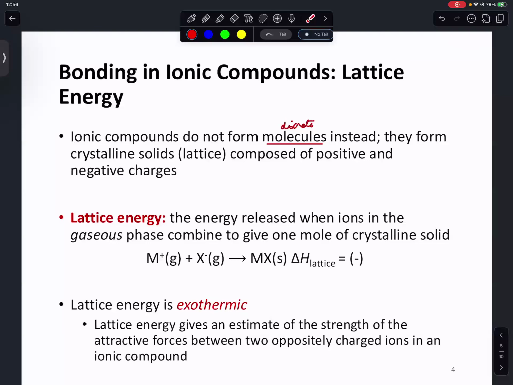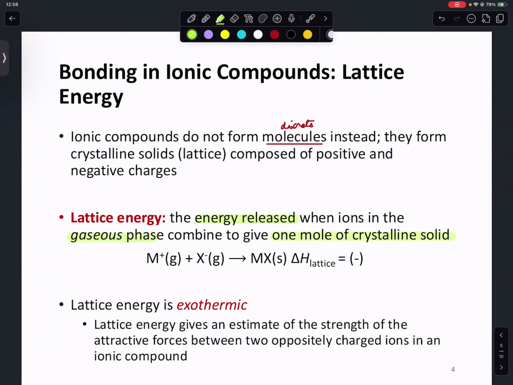This brings us to the definition of lattice energy. Lattice energy is the energy that is released when 1 mole of gaseous cations and anions combine to give us 1 mole of crystalline solid.